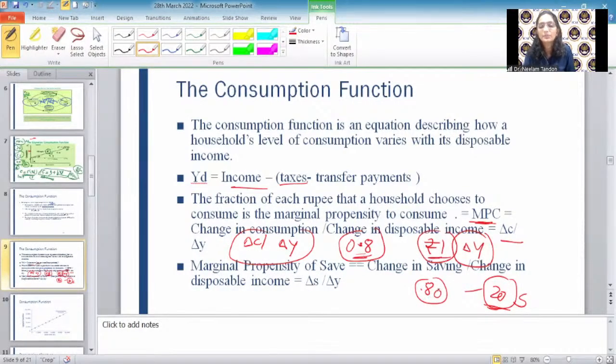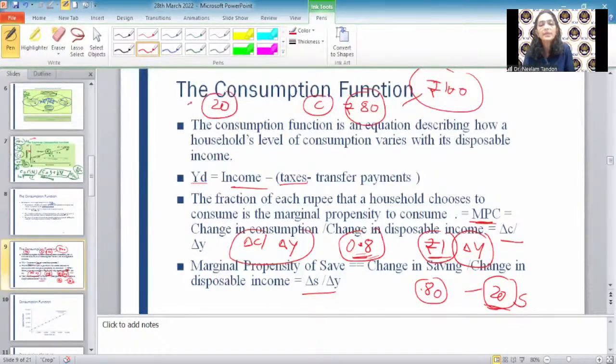That is the concept. So if MPC is 0.8, MPS will be 0.2. Yes, because if my income is increasing by 100 rupees, I'm going to spend 80 rupees. That means 20 rupees I'm saving.